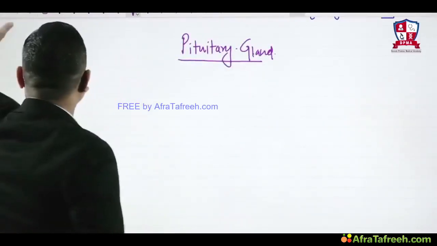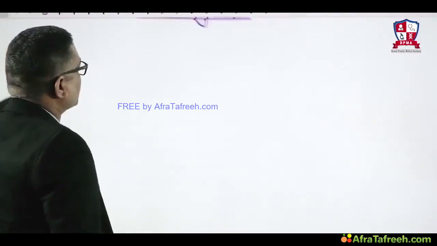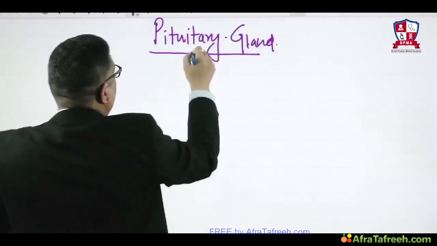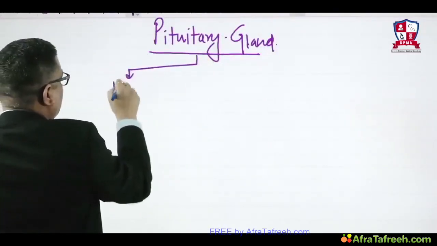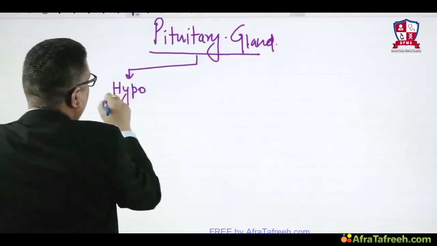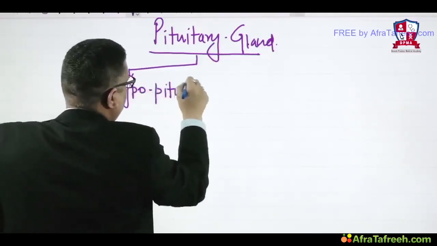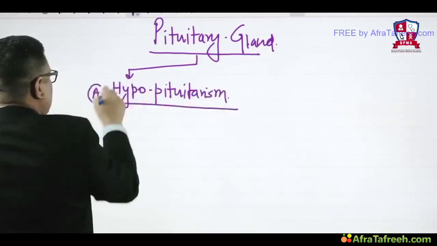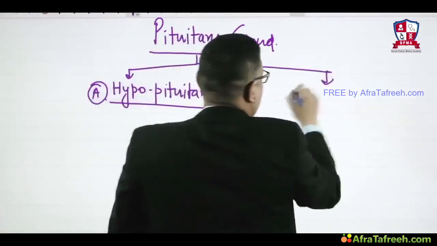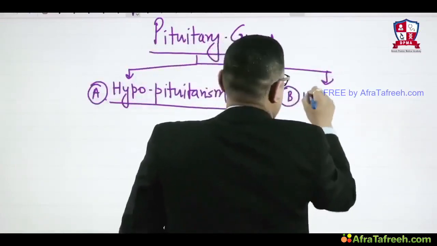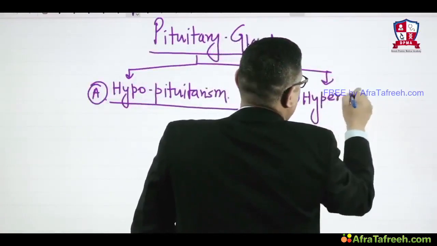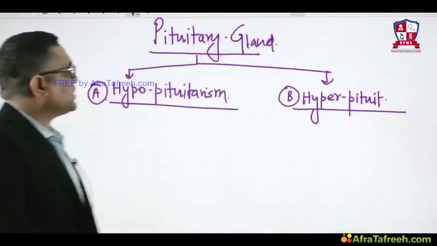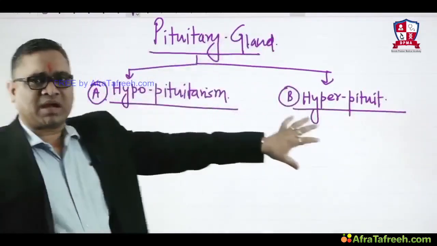So hypopituitarism and hyperpituitarism. In the pituitary gland, there are two things: hypopituitarism and hyperpituitarism.